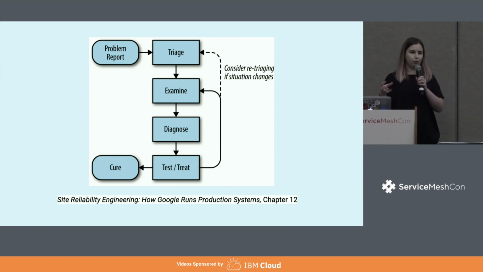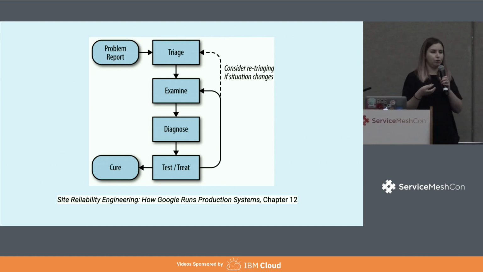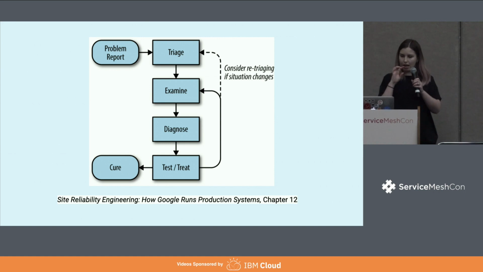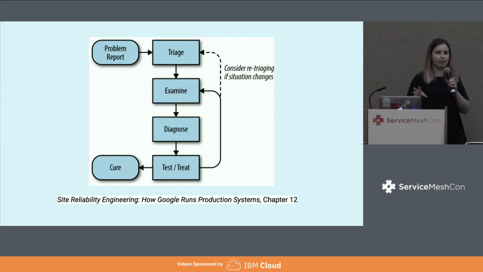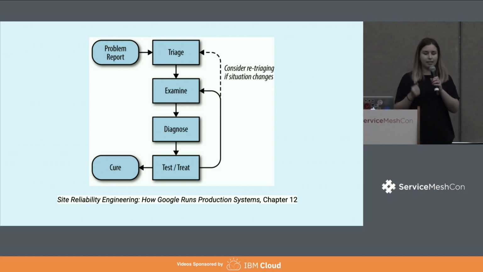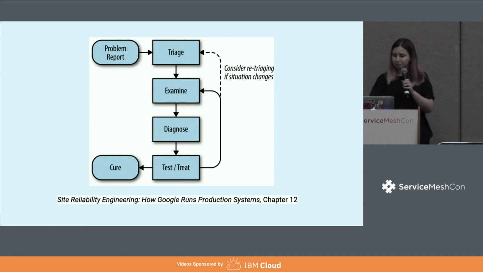The next step would be triage, so deciding what you're going to do with your issue, whether you decide this is something that you're going to skip altogether, or this is something that is very important and you need to tackle straight away. And the next few steps have to do with examining, trying different things, and trying to cure your system. As I said, this is really cute, but this is not how it works in real life. In real life, there's a lot of back and forth and so on, and it's much messier.